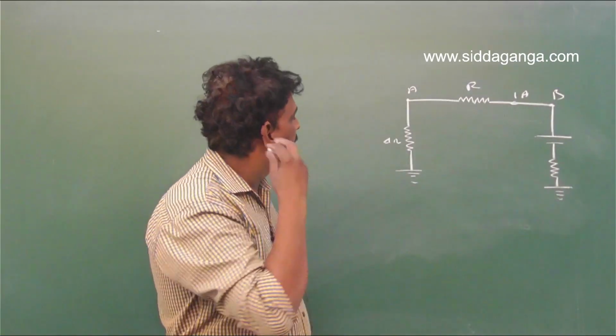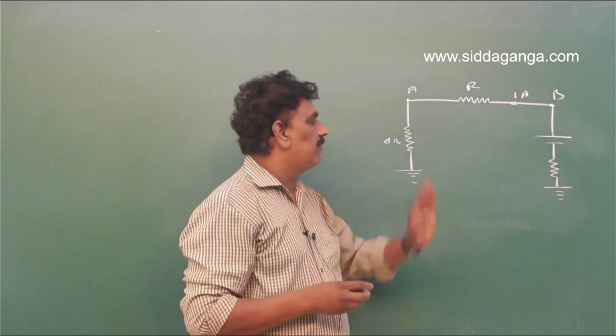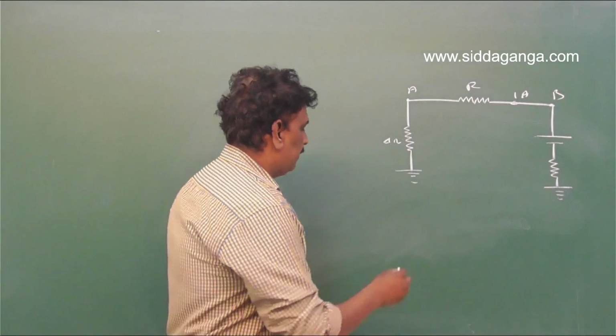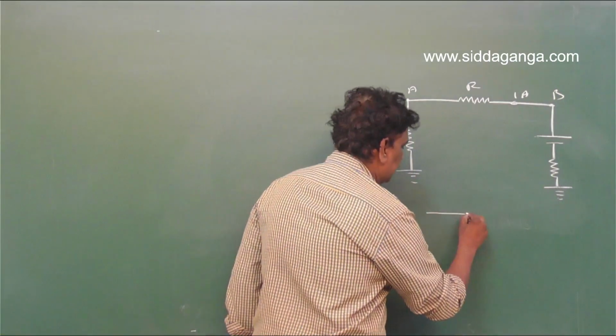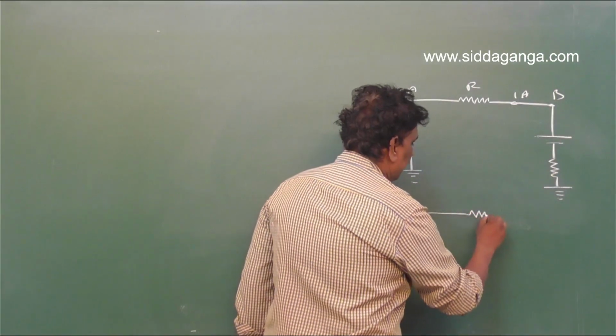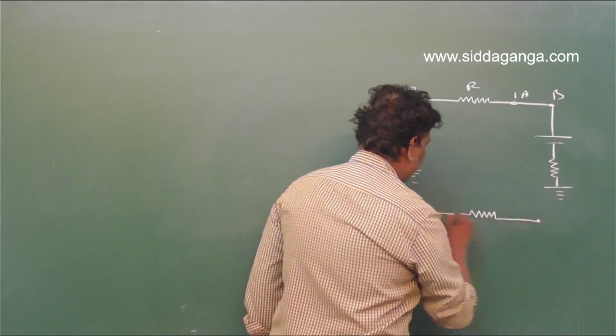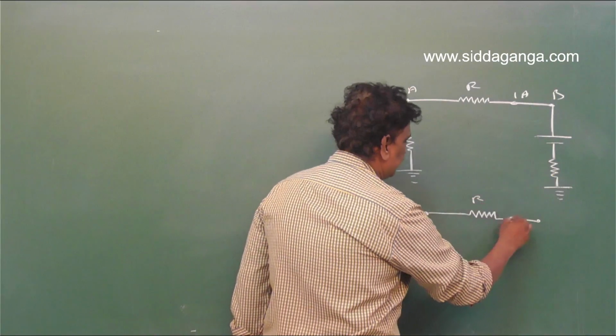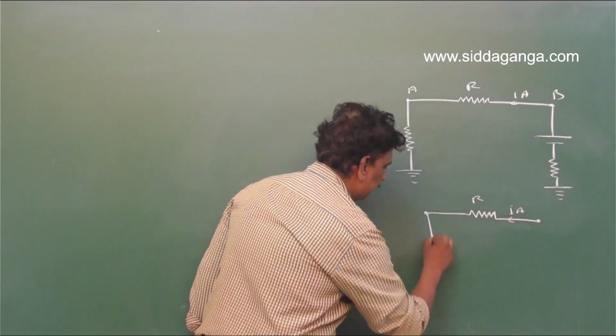Now in this question we are given this circuit. Since this end and this end are at negative potential, this can be redrawn.